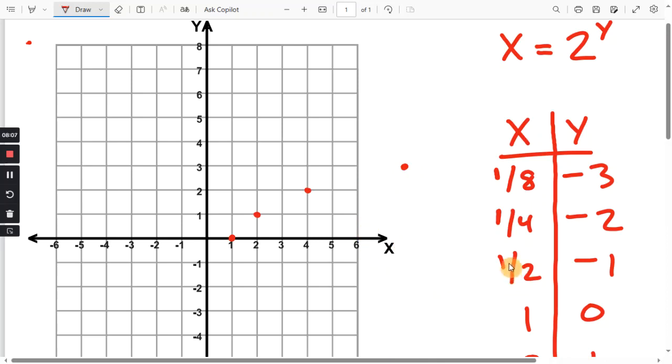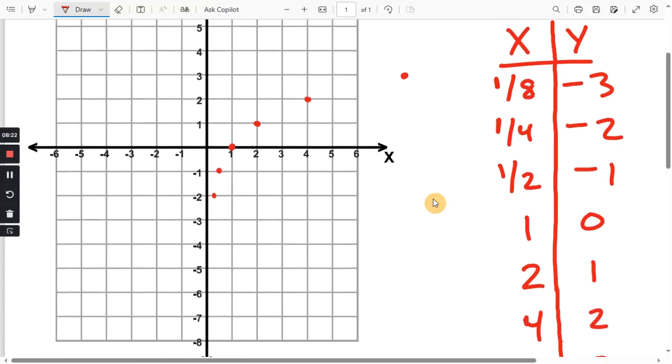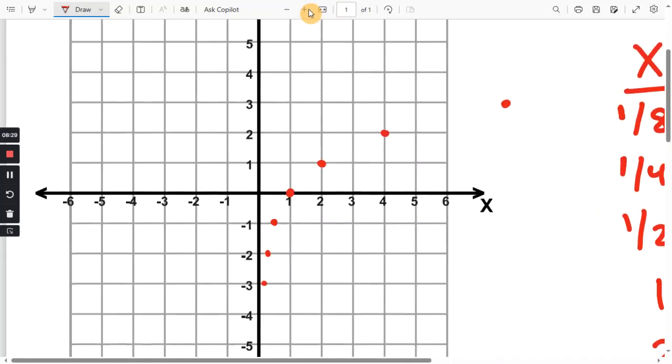All right, at x equals 1/2, it's -1. So 1/2 is -1. At 1/4, it's -2. X equals 1/4, that's -2. And x equals 1/8, which is almost 0, that's at -3. All right, so we can see which way the graph is trending.